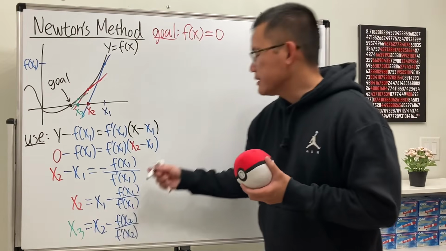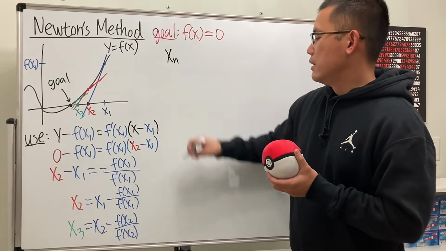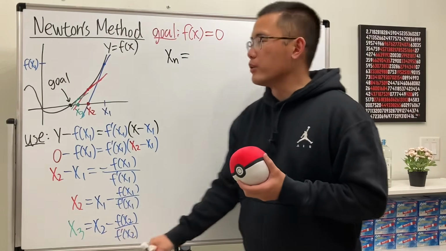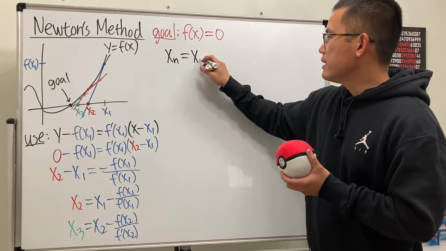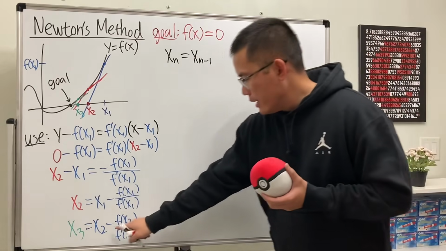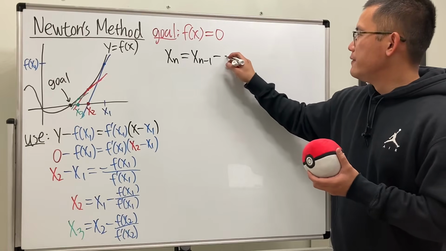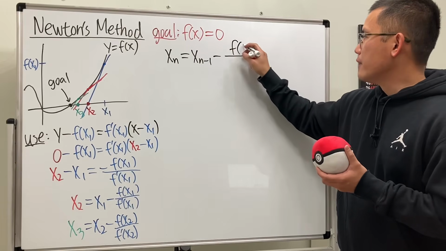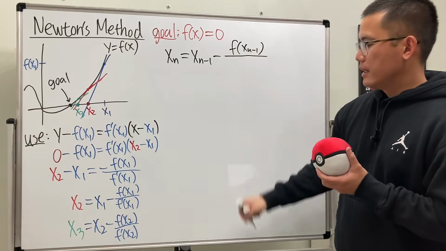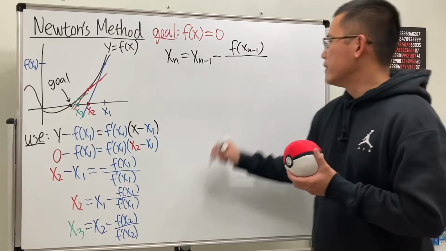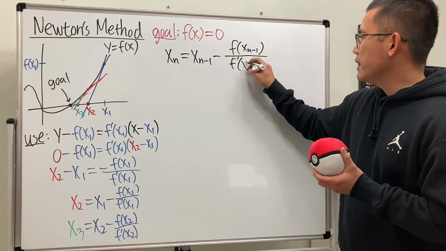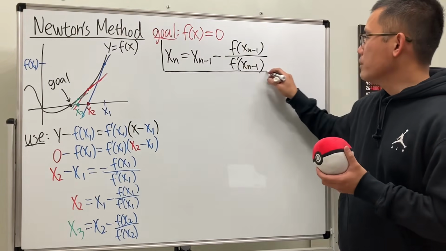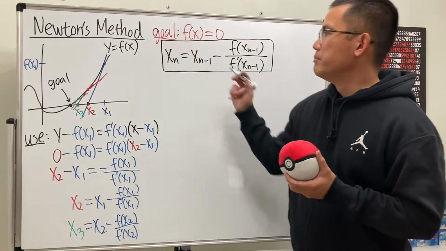We will write this as xn, and this right here is equal to the previous x value, so the notation is xn minus 1, and then minus the value of the function at that previous x value. So we will have f of xn minus 1 divided by the derivative there, so f prime of xn minus 1. And this right here is the formula for the Newton's method.